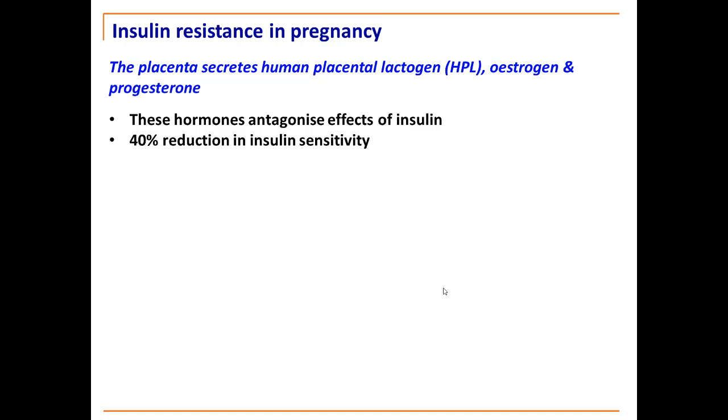It's estimated to be about a 40% decrease within the third trimester. So, of course, to compensate for this insulin resistance, insulin levels increase, and they increase by about threefold. And it's estrogen in particular that seems to increase insulin sensitivity normally, but in pregnancy appears to increase insulin resistance. Progesterone in pregnancy may also increase that insulin resistance.